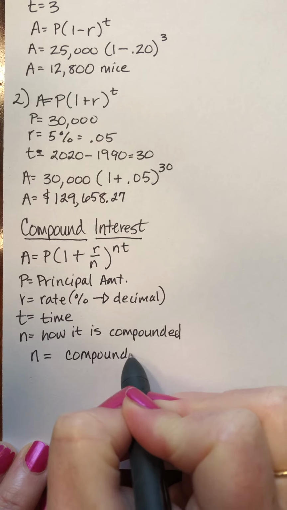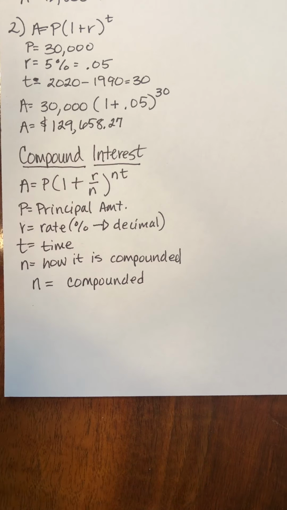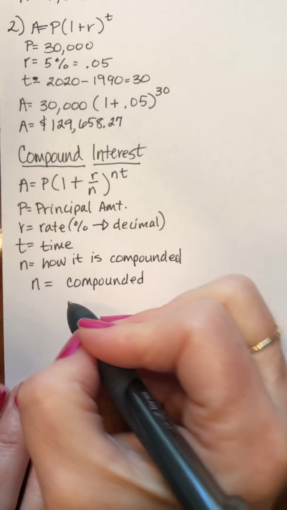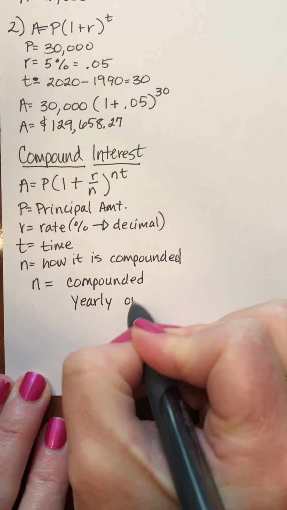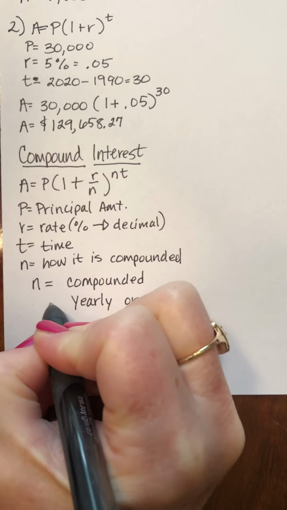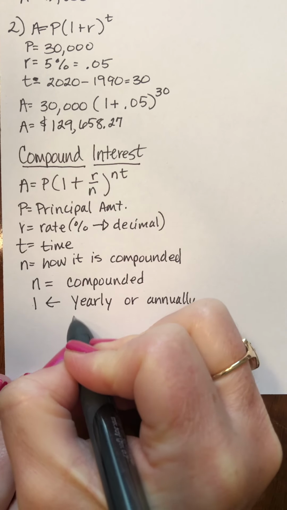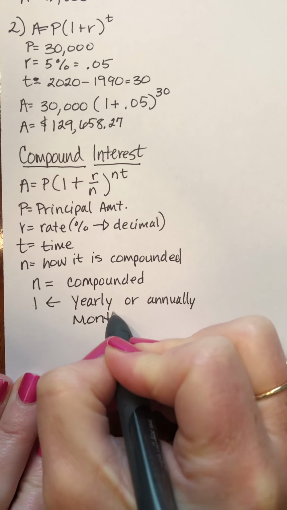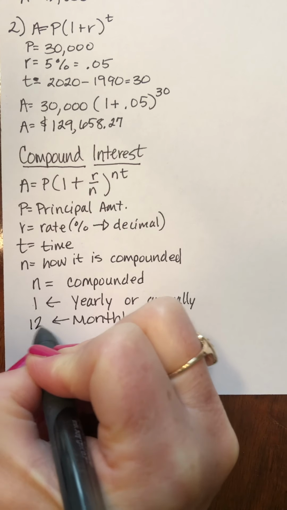There are certain words that you're going to translate into values. So, if something is compounded yearly or annually, then the value of n is going to be 1. If something is compounded monthly, then how many months are in a year? 12.